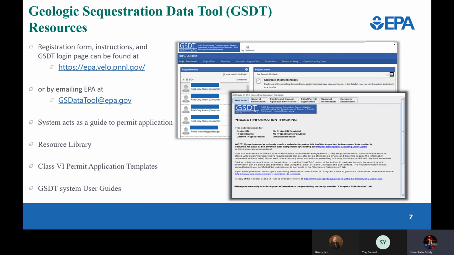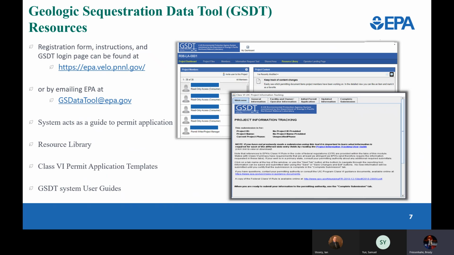The link in the top left has the registration form, instructions, and the GSDT login page. Folks can go to that link for more information, or you can email gsdatool@epa.gov. The system acts as a guide for the permitting application.